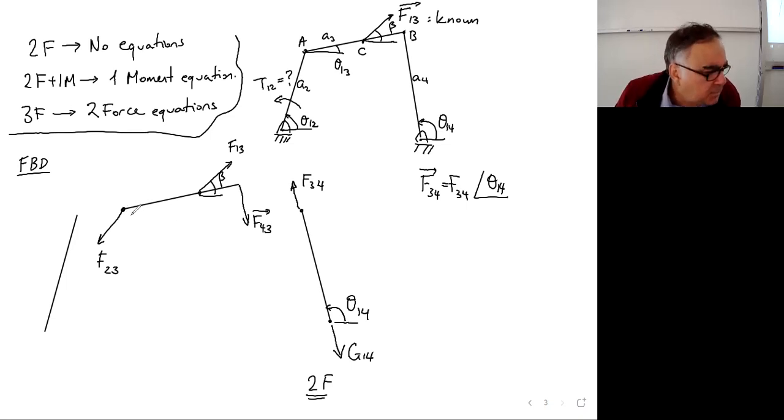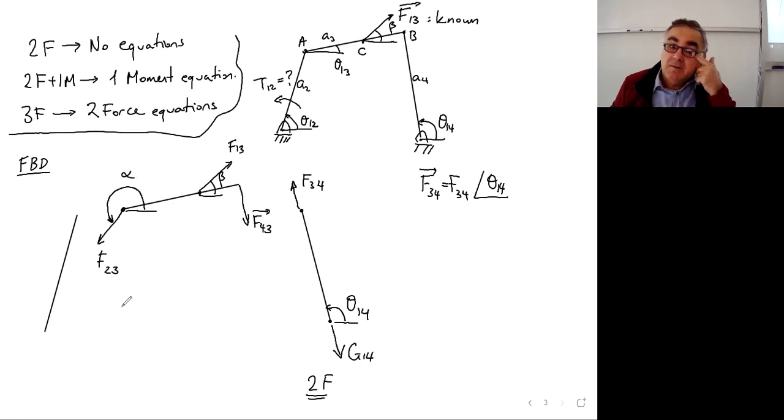This F23, we don't know what it is, and we don't know its angle, but we know that it's a 3-force member. Let's say that it has an angle of alpha. Let's say that F23 as a vector is equal to F23 with an angle of alpha.